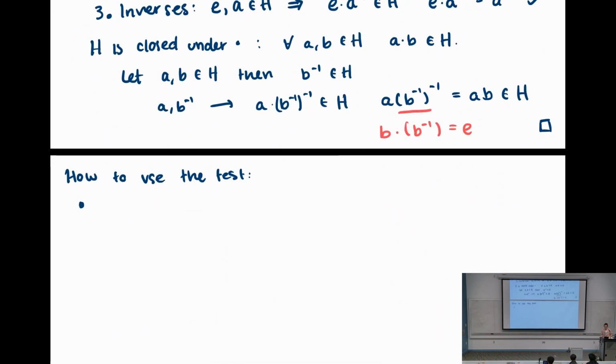Okay, so typically how this is used, you need to show that the subset is non-empty, and typically the identity element is the easiest one to show is in there.